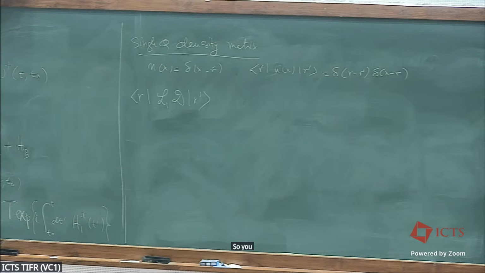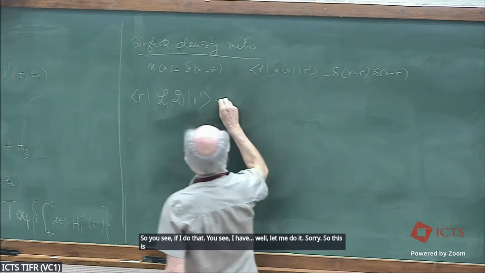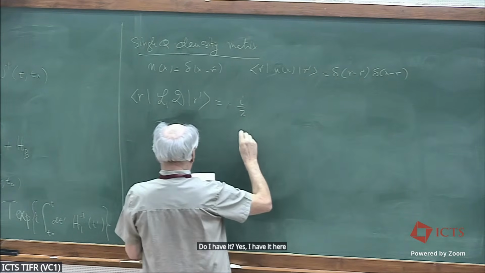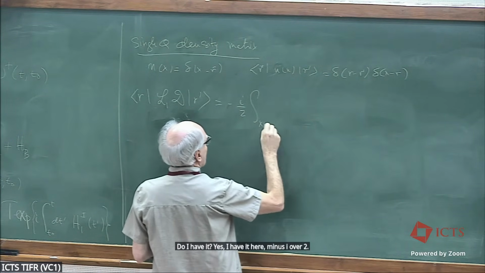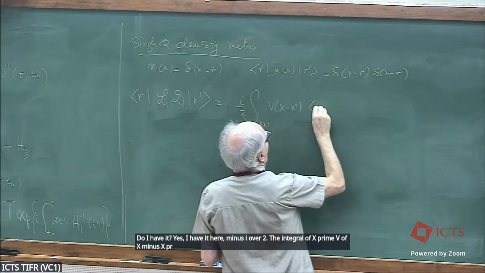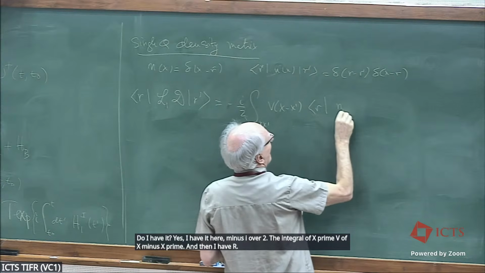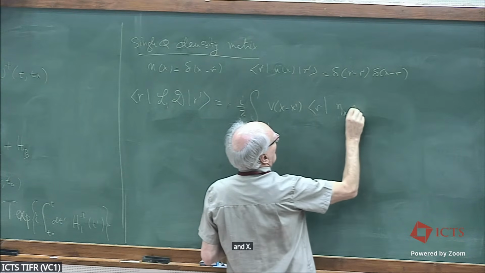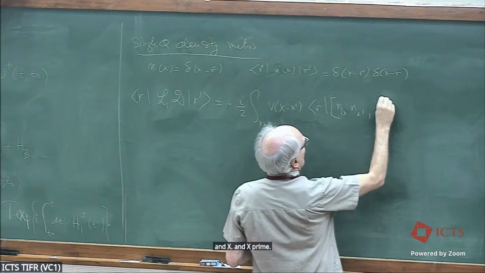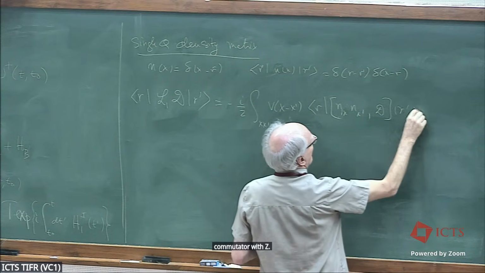If I do that, this is minus i over 2, the integral over x prime, v of x minus x prime, and then I have the commutator of n of x and n of x prime with the density matrix between r and r prime.